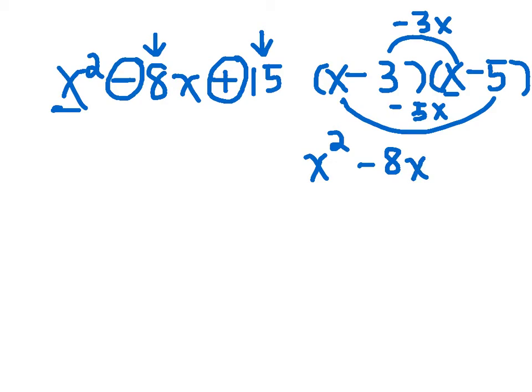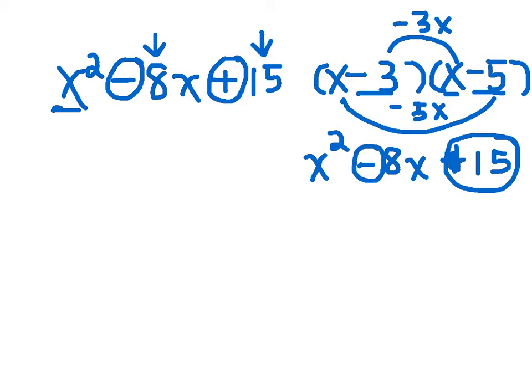But when I multiply negative 3 times negative 5, it gives me positive 15. When the product has c as a positive term, that means these signs are the same, and they are both whatever this sign is.